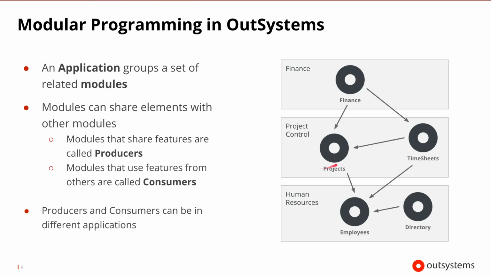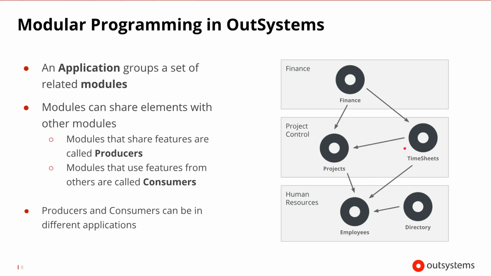So if we look at a specific example, here the timesheets module is actually reusing things from projects, and it also needs information from employees. The projects are inside the project control application, so they exist together. The employees are in a human resources application, but the timesheet can still reuse some of the features and components from employees.